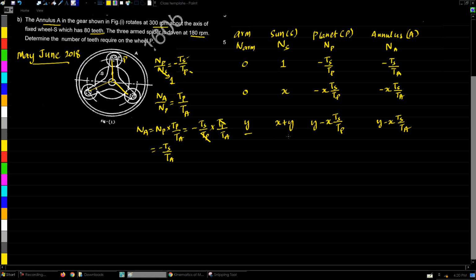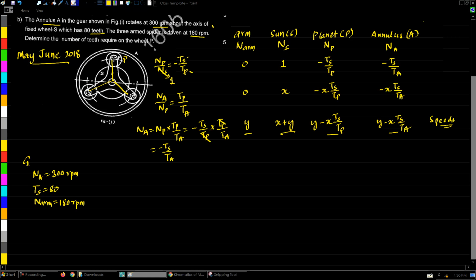So these are the equations which are giving us the speeds of all the gears that we have here. Fine. So now using this data and the input that is provided here, we should be able to do the calculations and find whatever is needed.